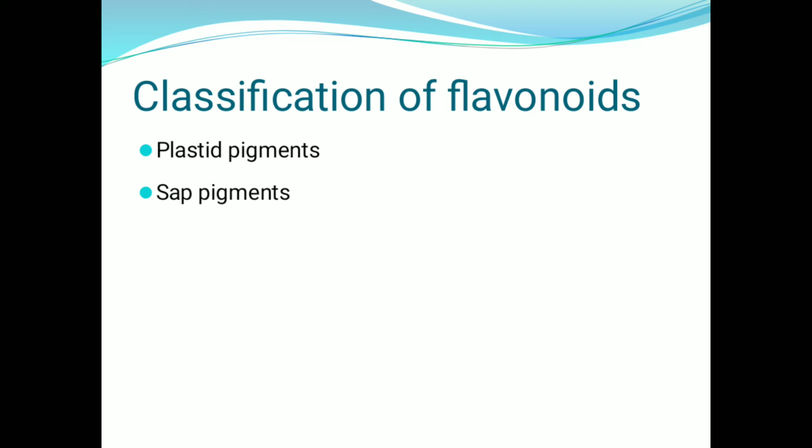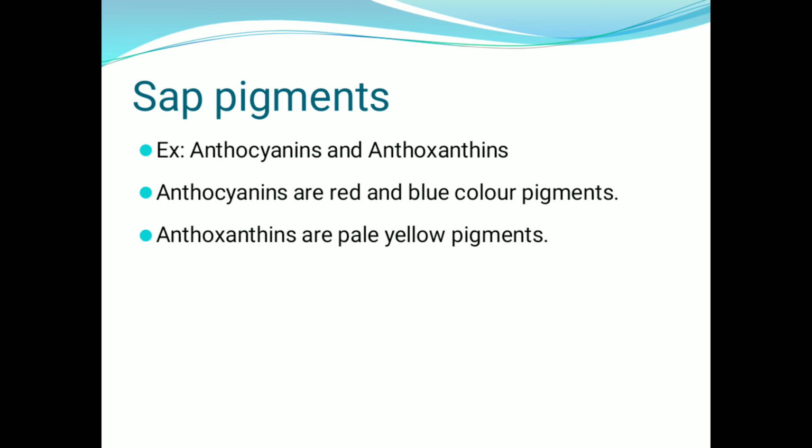Okay, pigments are mainly divided into two types. First one is plastid pigments, second one is sap pigments. Here we only discuss sap pigments. Anthocyanins and anthoxanthins are taken as examples of sap pigments.